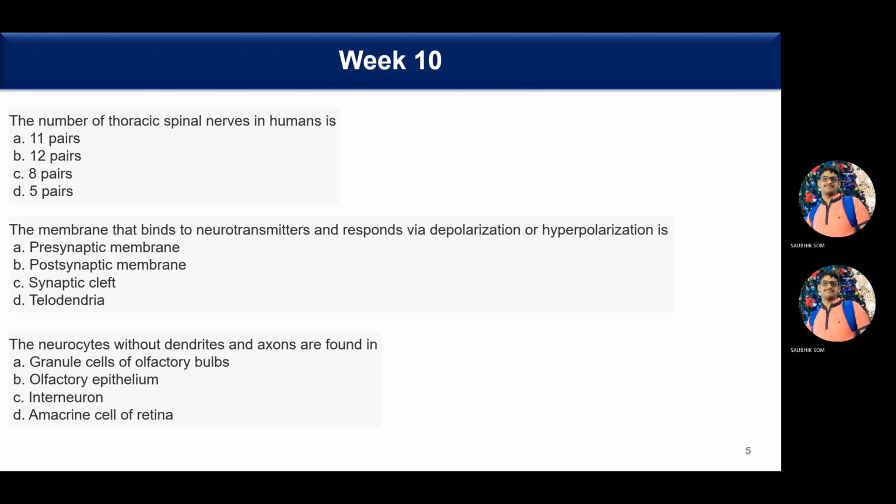These cells don't have dendrites as well as axons. It's the amacrine cells, right?